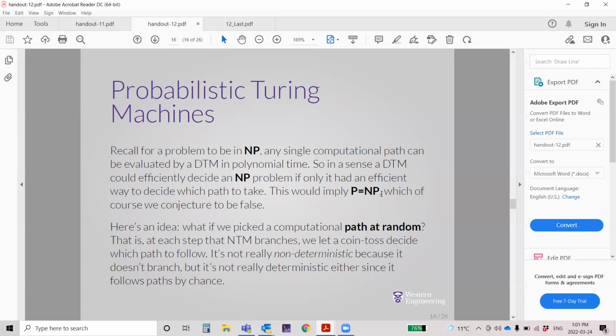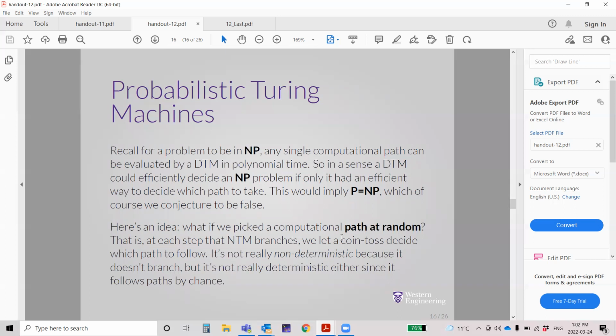This would imply P equals NP, which we conclude to be false. Here is an idea: what if we picked a computational path at random? When I have multiple computational paths, I pick one randomly. That is, at each step where the non-deterministic Turing machine branches, we let a coin toss decide which path to follow.